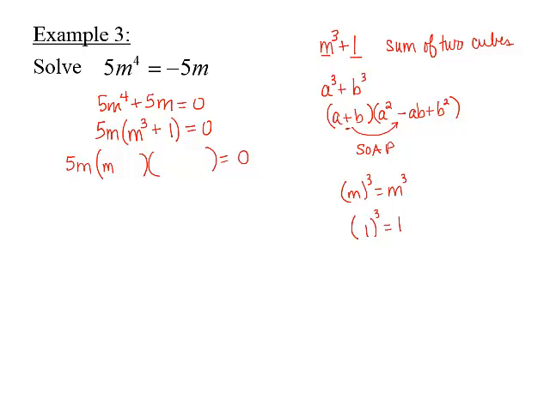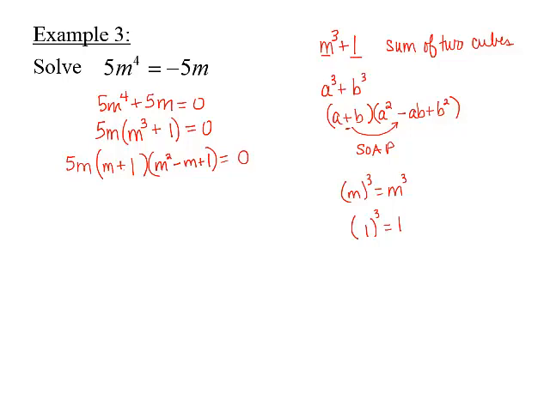That is 1. So our binomial is actually m plus 1. The trinomial, we now square m to get m squared. We take the opposite sign and then multiply m times 1, which is just m. The last sign is always positive, and then we square the 1, and 1 squared is 1.